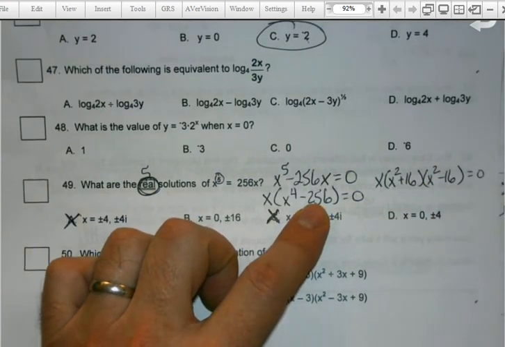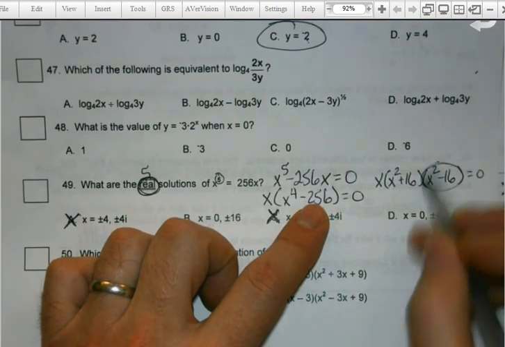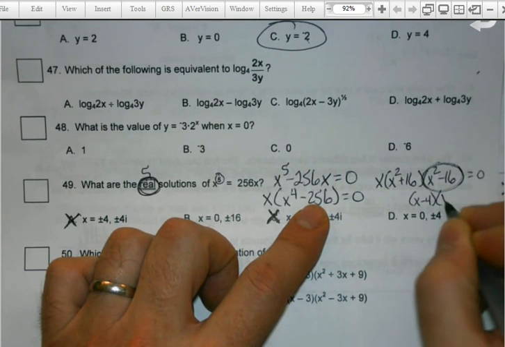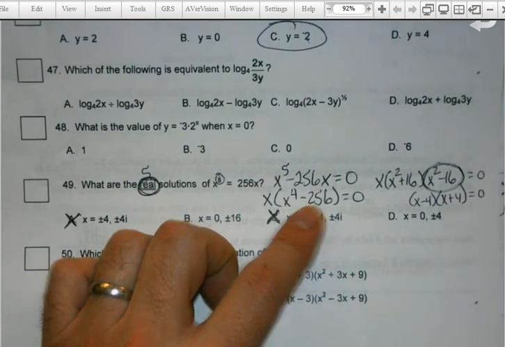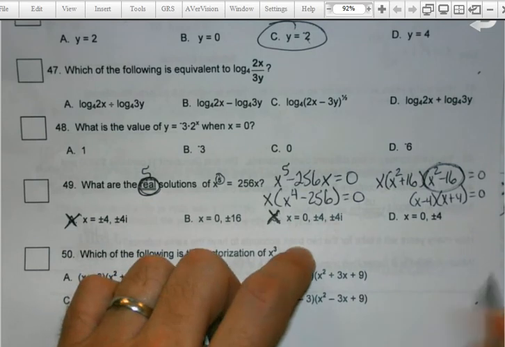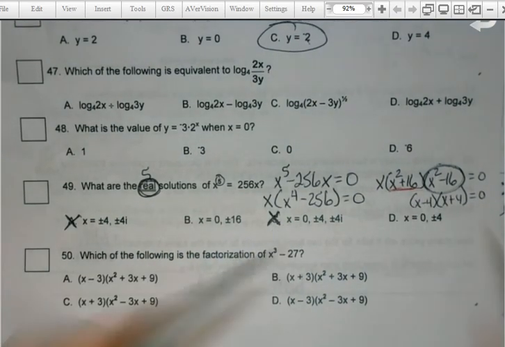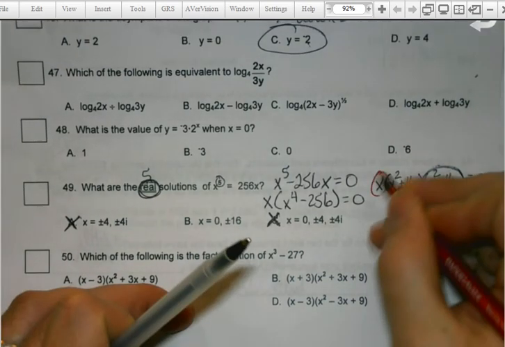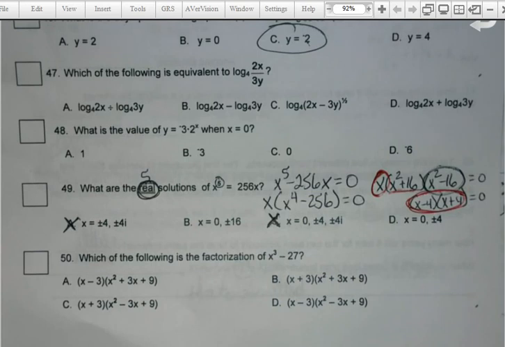And then I look and I go, ooh, one more thing. Still difference of squares. So I do that one last time. Now here's the kicker. Any part with the plus is going to be imaginary. You're like, well, how do you know that? The plus tells me. So this and these two are telling me where my answers are coming from.